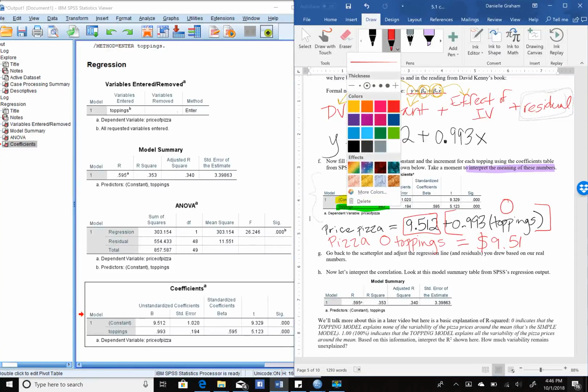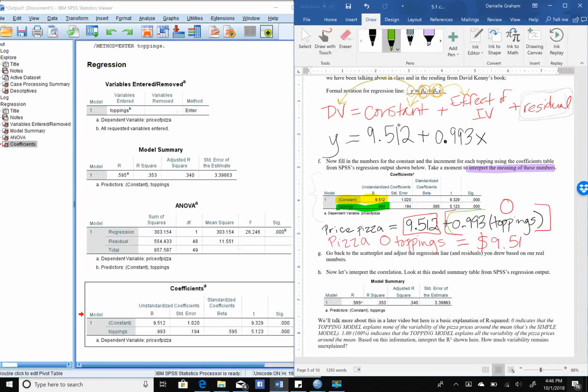Now this part right over here, this 0.993, is telling us that for every topping we add, we add 0.993 to the price. So if we had 1 topping, we would add basically 99 cents, and our pizza would cost $10.50. If we had two toppings, add another 99 cents. Now it's up to $11.49.